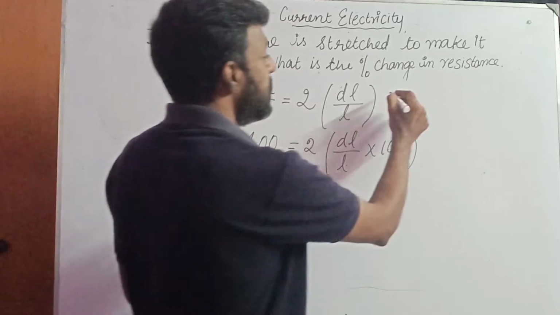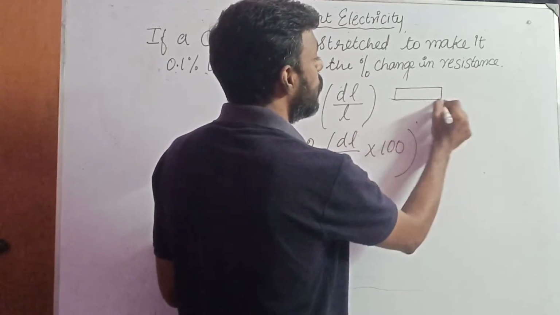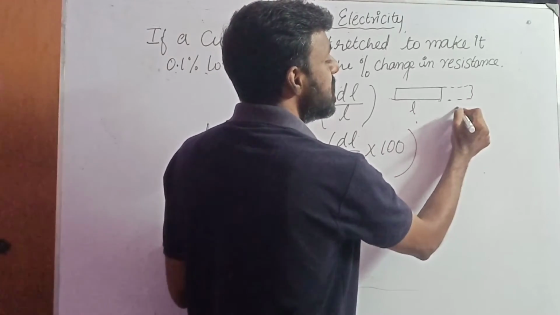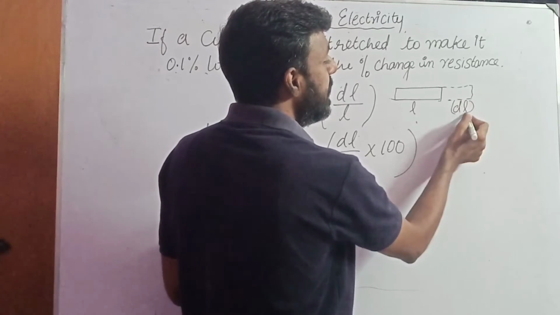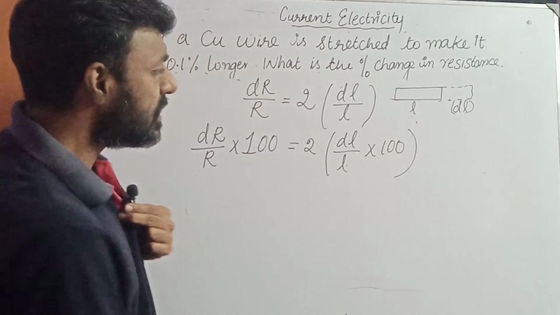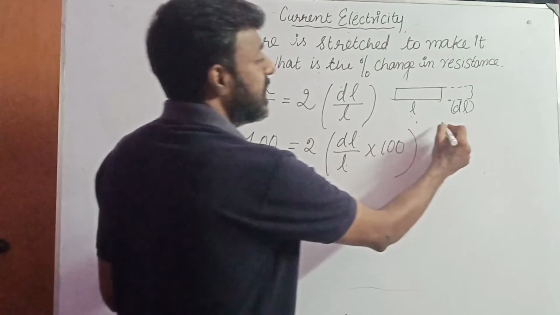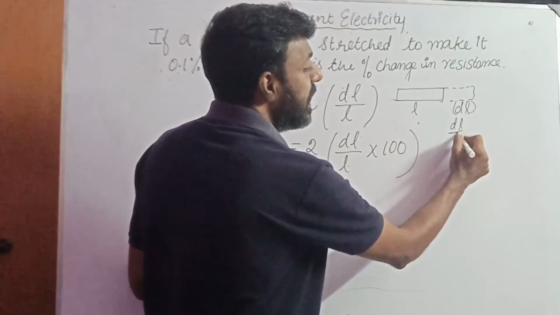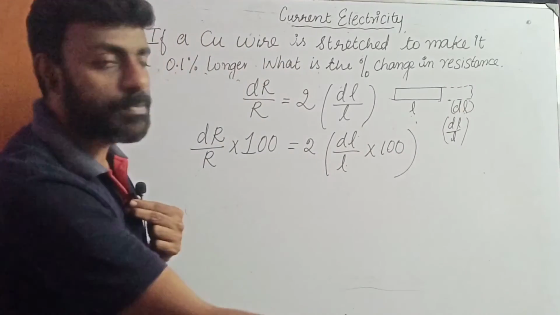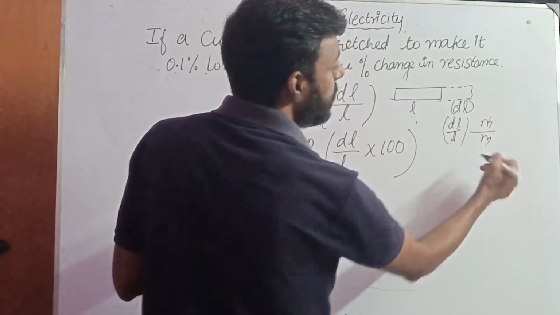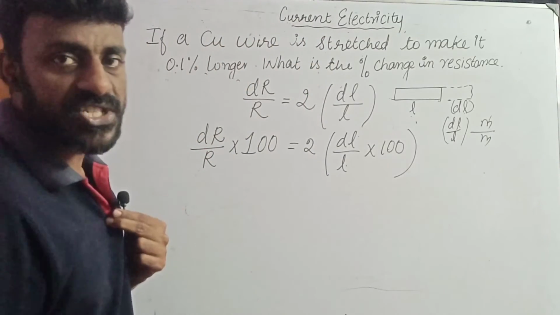If this is the length of the copper wire, there is an elongation, and that elongation is dL. So dL by L is the change in length relative to the original length. There won't be any units because dL is measured in meters and this length is also measured in meters. Meters get cancelled, so it's a dimensionless quantity.